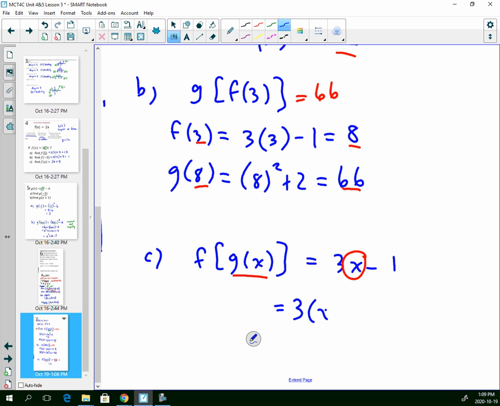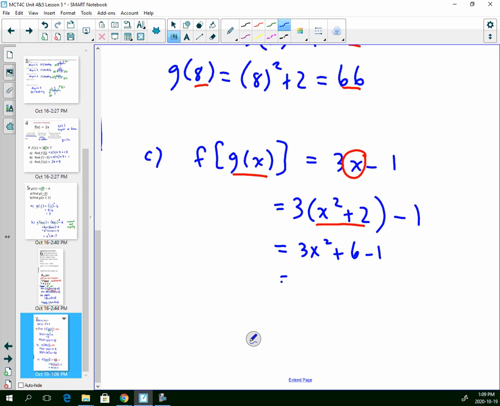And g of x is x squared plus 2. So I've replaced x with x squared plus 2. And then all you have to do is simplify. So expand any brackets, and then collect like terms. Okay, you cannot solve it because it is not equal to anything.